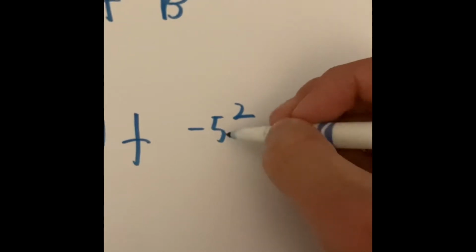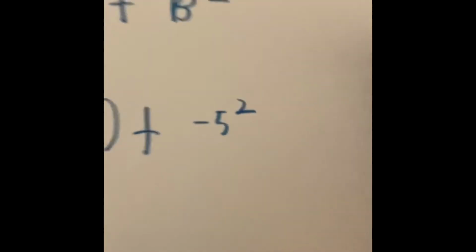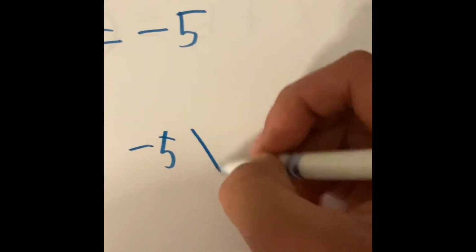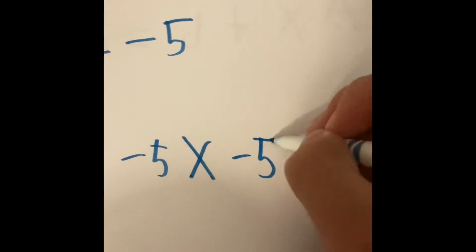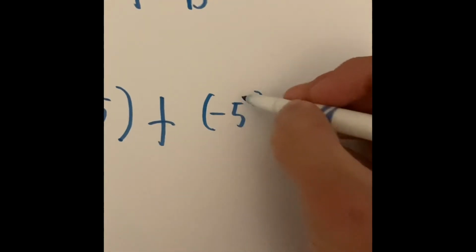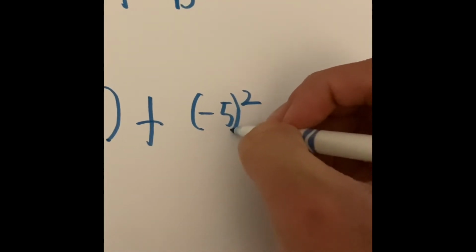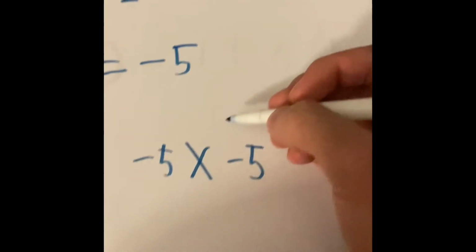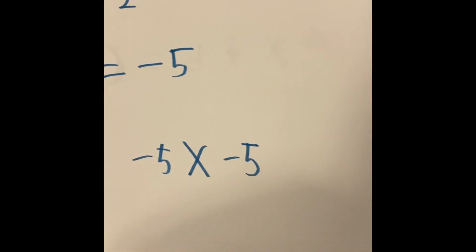When we say negative 5 squared, what we mean is negative 5 multiplied by a negative 5. We put parentheses around the number, because what we want is for the negative to multiply by a negative to get a positive.